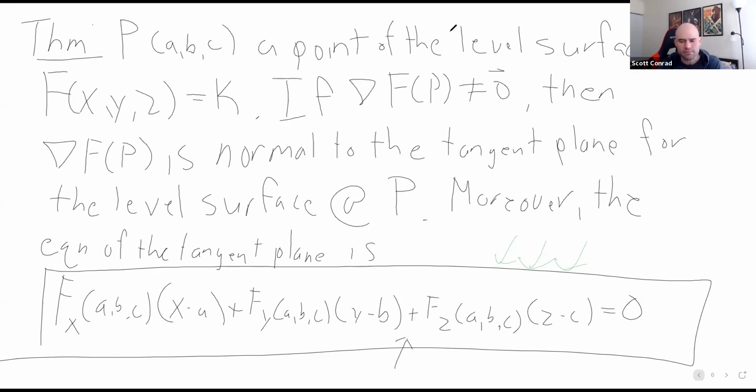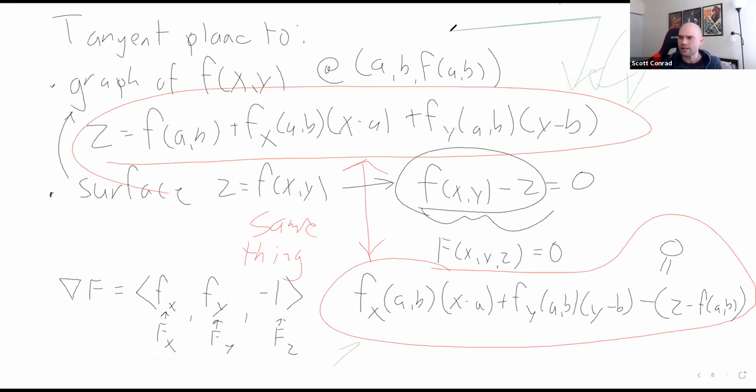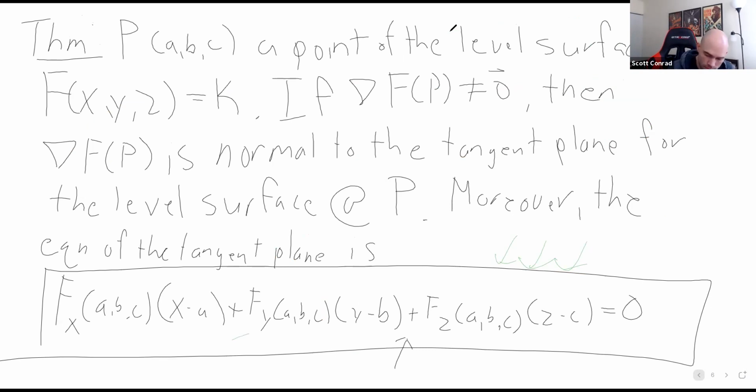Sorry, I understand that's maybe a little confusing, but does anyone need any more clarification on that? Because it's important that you don't get those mixed up. If you only have room in your brain for one, which I totally understand, I would remember this formula. And if you have the graph of a function of two variables, that's the surface z equals f(x,y).